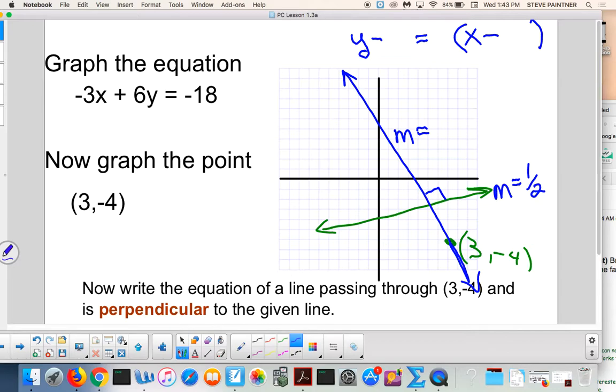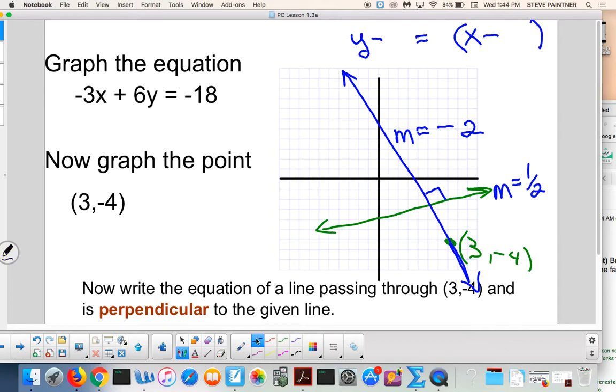Opposite. One's positive, one's negative. And reciprocal, yes. If this is positive, this is negative. If this is 1/2, yours is what? 2/1. Yeah, 2. Okay, there you go, guys.